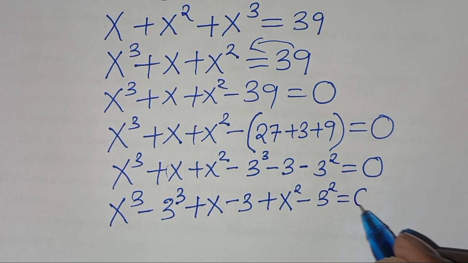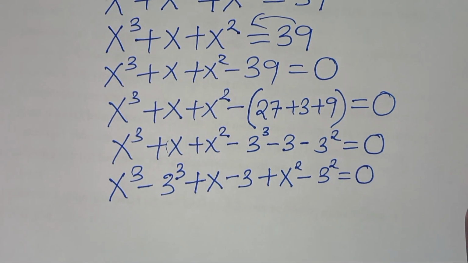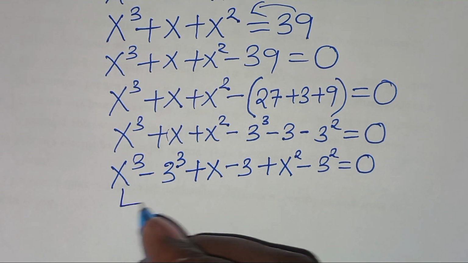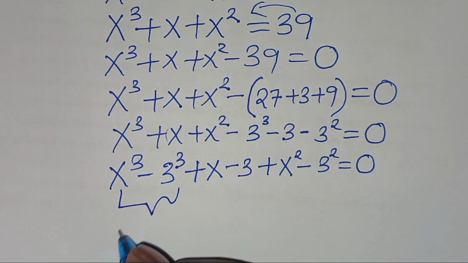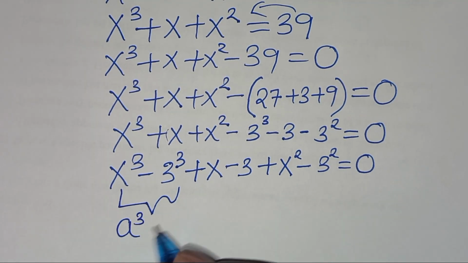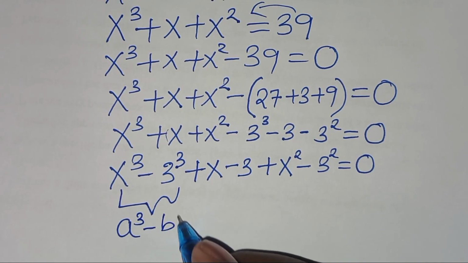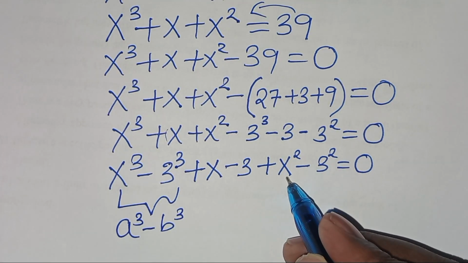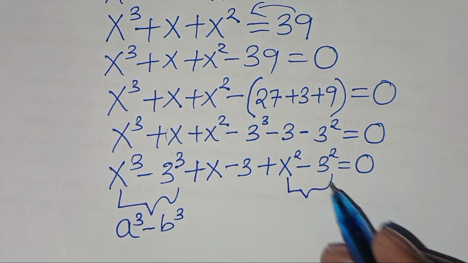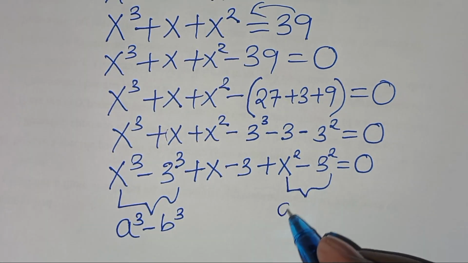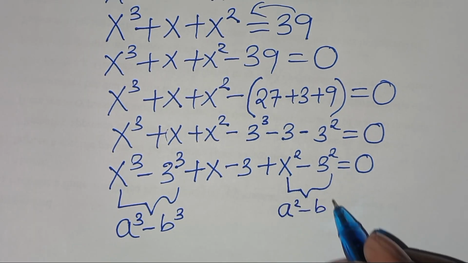This is equal to 0. So we have the first part here, which is the difference of 2 cubes expressed as a to the power 3 minus b to the power 3. We also have the second part here, which is the difference of 2 perfect squares, which is a squared minus b squared.